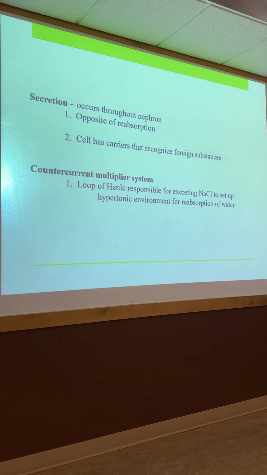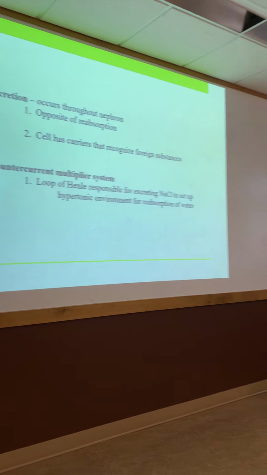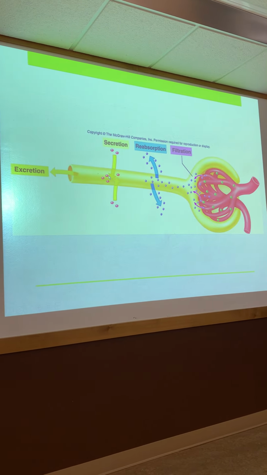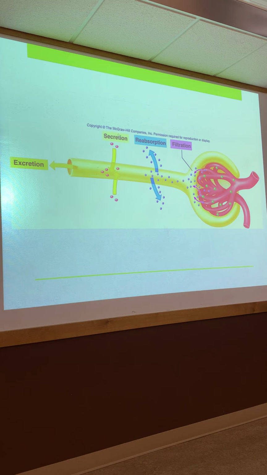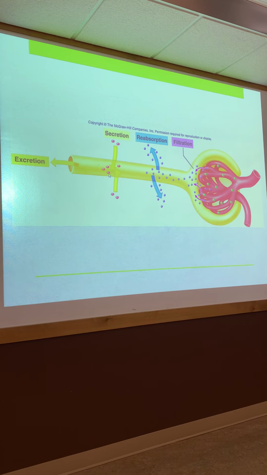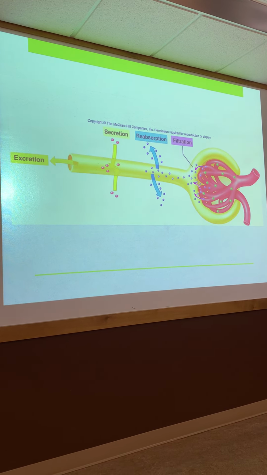Main bullet point from that: it concentrates the urine and reabsorbs water back into the blood. So this is just another picture of what I just showed you. Here we are filtering. We reabsorb good stuff. We secrete bad stuff from the peritubular capillaries if we didn't filter it out.